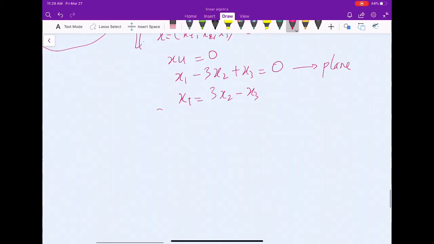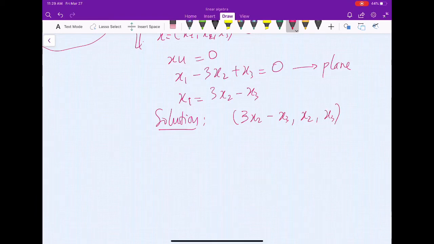And the general solution is just (3x2 minus x3, x2, x3). This is just a linear combination of (3, 1, 0) and (-1, 0, 1).